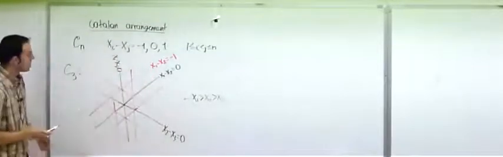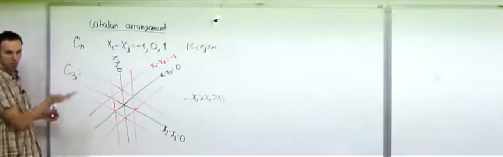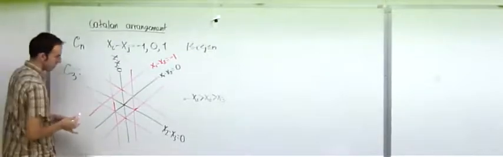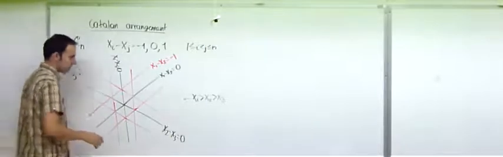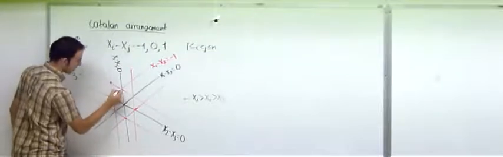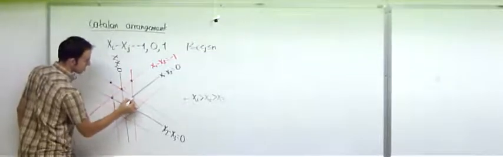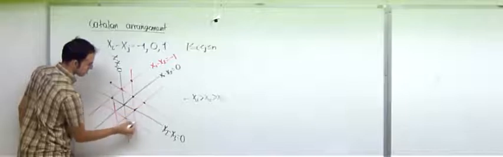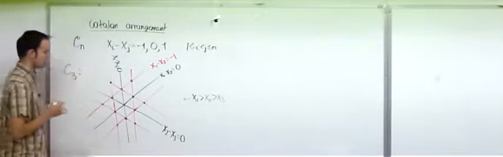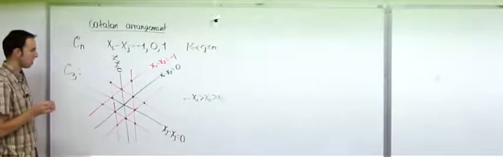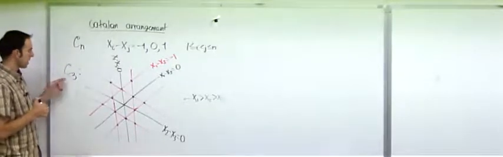I take each hyperplane and I move it up by 1 and down by 1. I tried to draw it as well as I could, but for example, here these things should be just 1 point. So it looks something like this. Okay. So that's the Catalan arrangement C3.